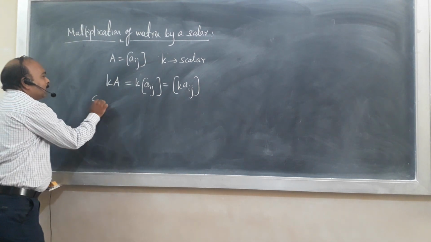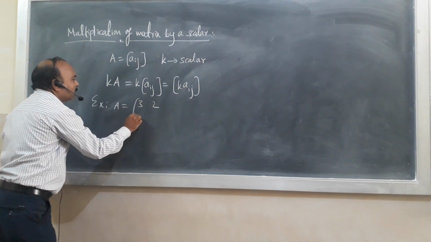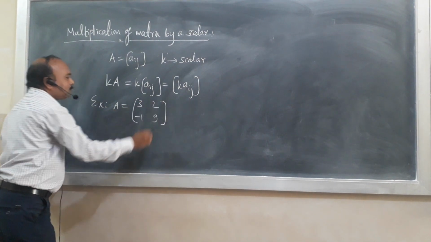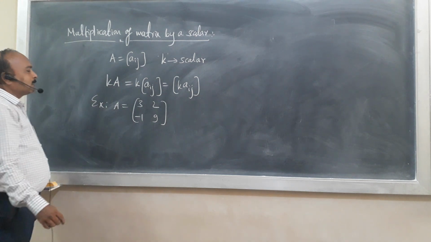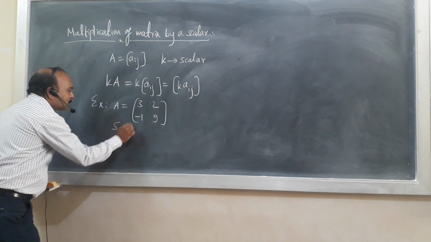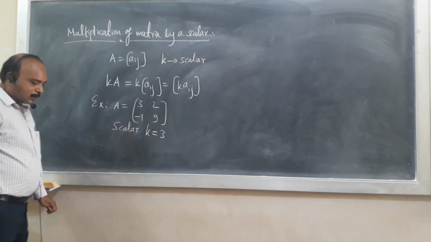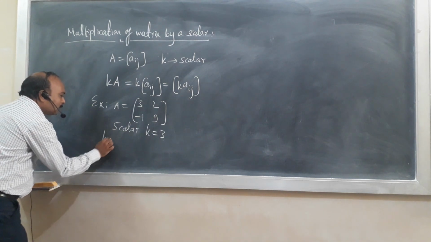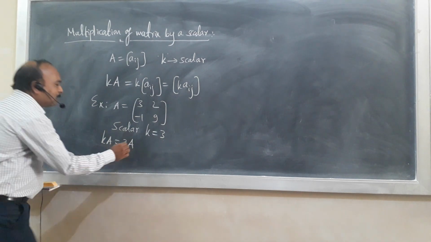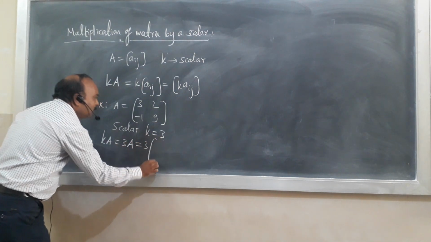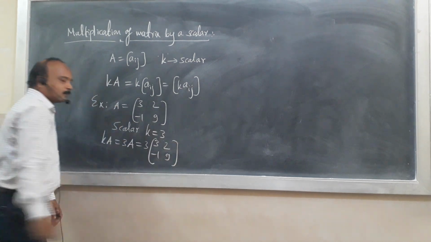For example, consider A equal to [3, 2; minus 1, 9]. It is a matrix of order 2. Now we consider a scalar, I will take k equal to 3. Then kA equals 3 into A, that is 3 into the matrix [3, 2; minus 1, 9].